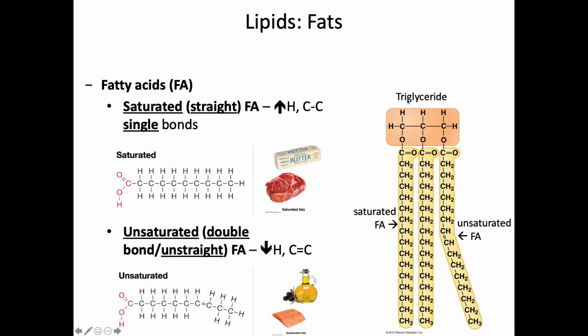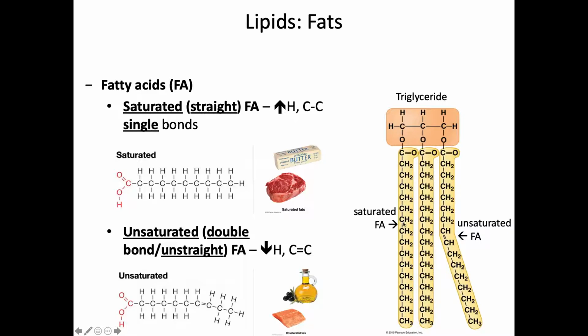So here, this picture is of a triglyceride. Okay, so this tri means 3, so it means that it has 3 fatty acid tails, 2 of them which are saturated fatty acids. And saturated fatty acid just means that all of its carbons here on this hydrocarbon chain is a carbon to carbon single bond.